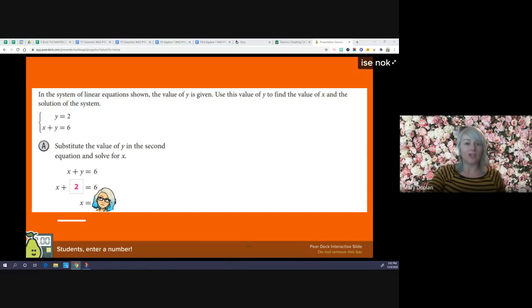So go ahead and click on your Pear Deck tab and type a number. For that to be a true equation, what value does x have to equal? What number plus 2 equals 6?